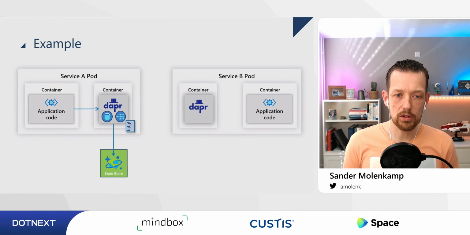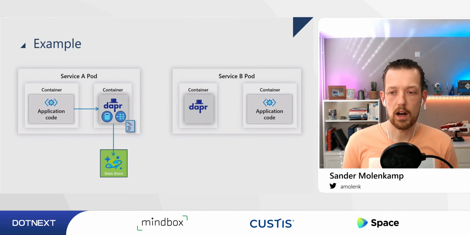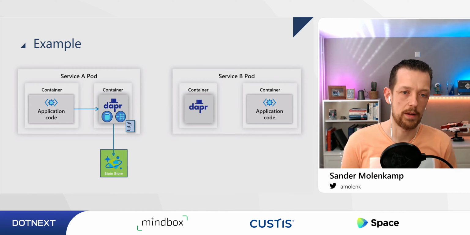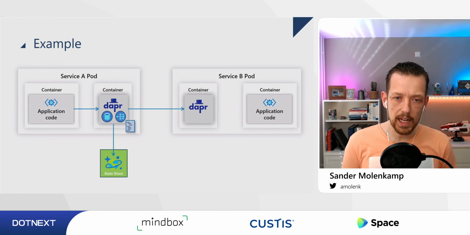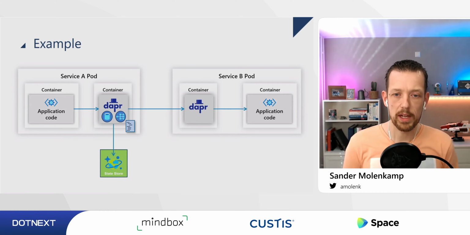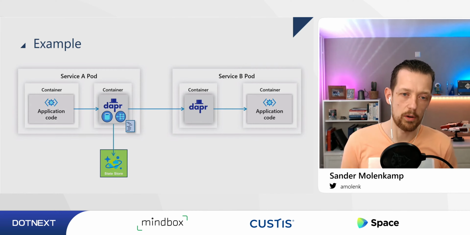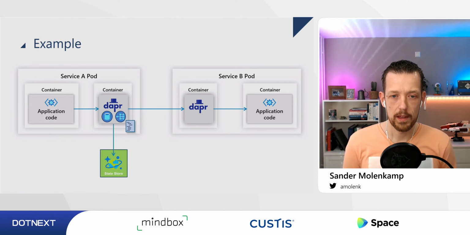So the local sidecar will automatically discover where the remote service lives, on which pod node it lives. It will make a call to its sidecar, and then that remote sidecar will make a call into the application. And then, of course, if Service B has a response, it will flow back the same way.